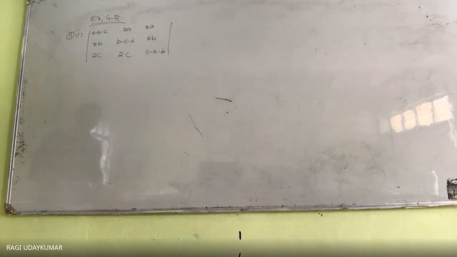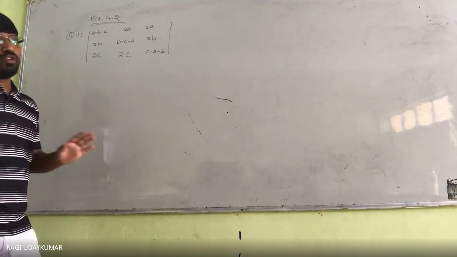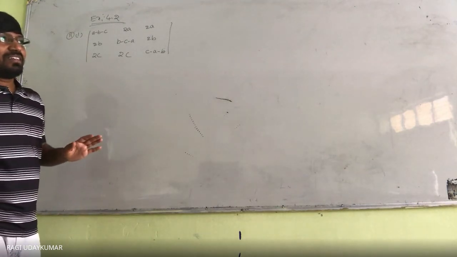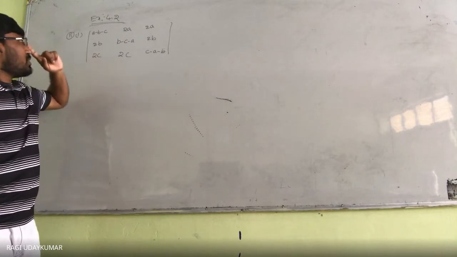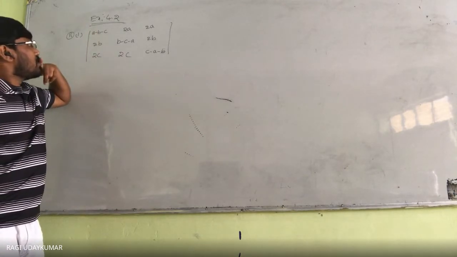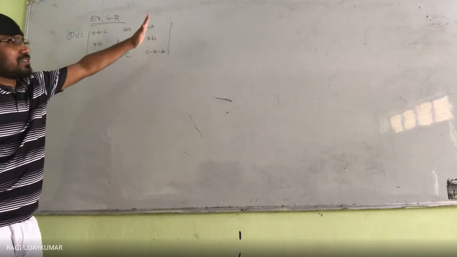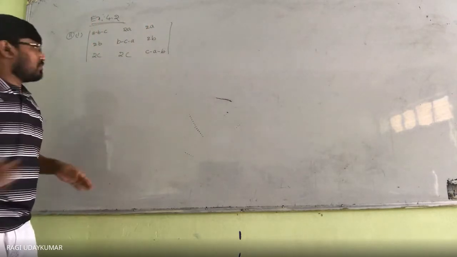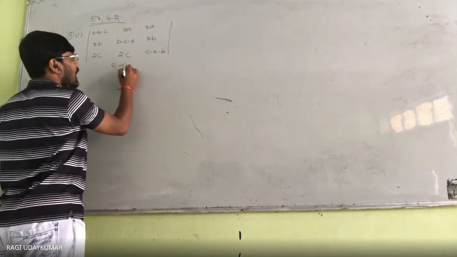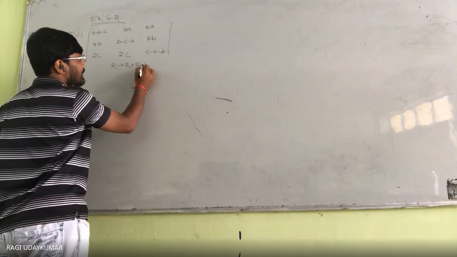So now what to do here? We need to prove this is equal to A plus B plus C whole cube. Okay. So to prove that one, whenever you observe that, you don't try to add the columns, try to add the rows. R1 tends to R1 plus R2 plus R3.